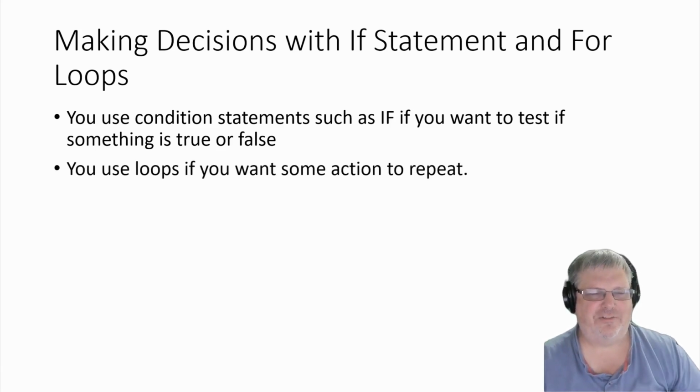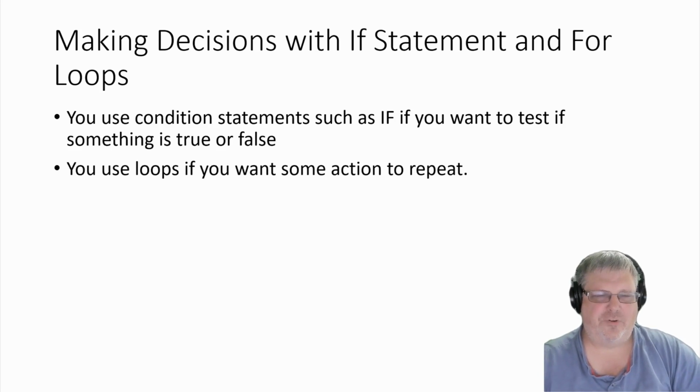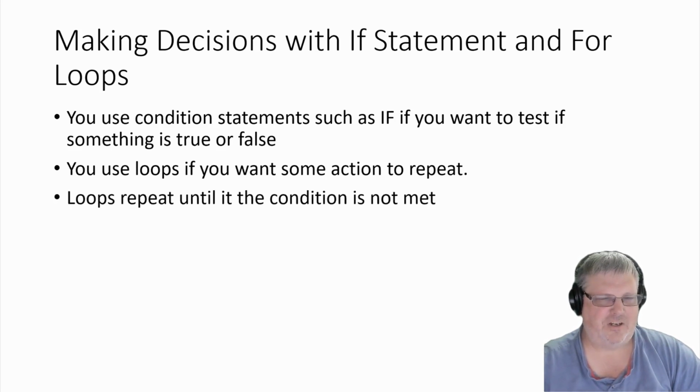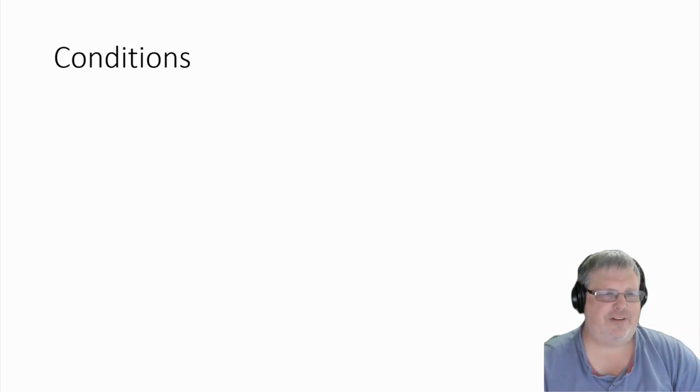And you can use loops if you want some action to repeat or the test to repeat over and over again. Loops repeat until the condition is not met. Okay, we will start off by discussing the if statement.